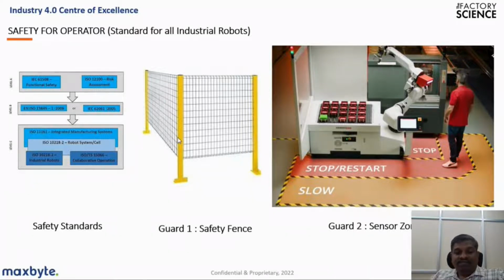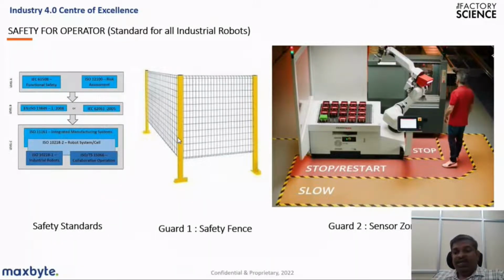If we have, say, unskilled persons to handle the jobs, then we can go for a safety fence, where we can have a safety guarantee. Once the person enters into the safety fence, there will be a sensor, and when the gate is opened, the robot will automatically come to an emergency stop or immediate stop. It will restart only when the engineer resets and resumes the operations of the robot.